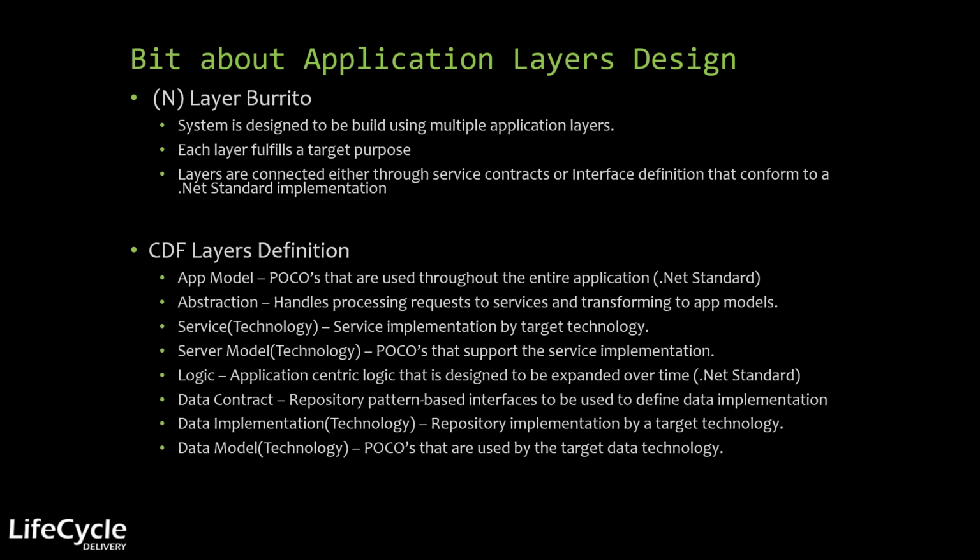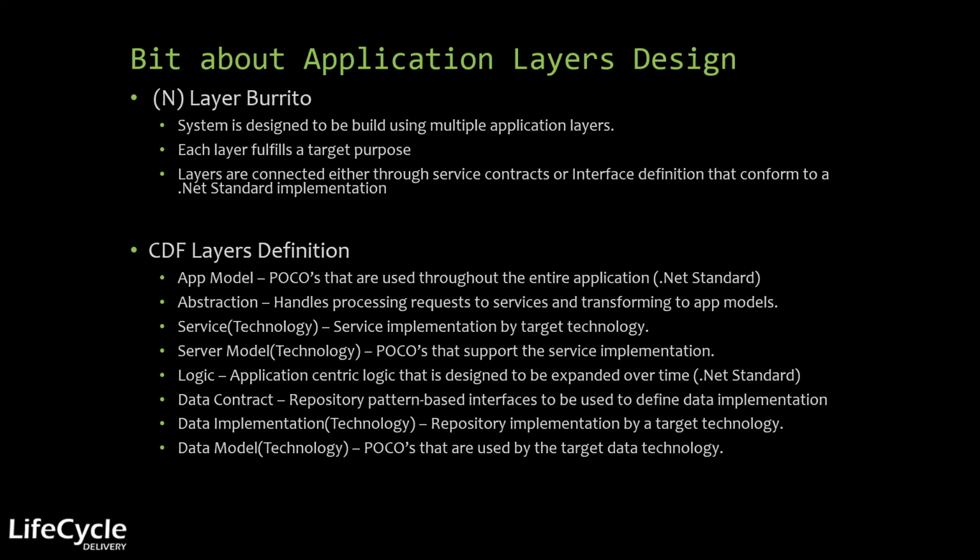For example, a lot of my customers are making decisions: do they even want to stay with things like SQL Server anymore? Maybe they want to move to MySQL or the flavor of the month open source database engine, or they're moving to NoSQL technologies. So by having these data contracts, the rest of my application will be able to continue to operate as I change out these technologies without impacting the implementation of the application.